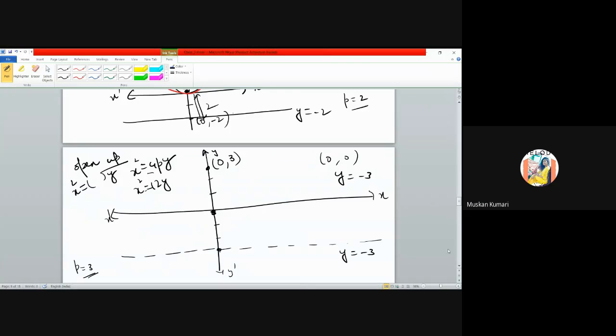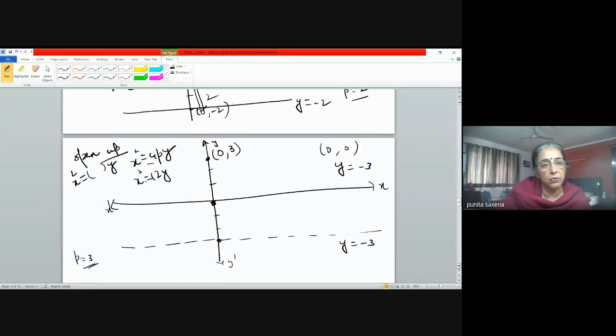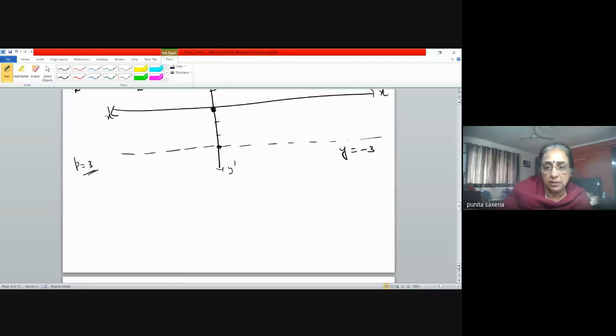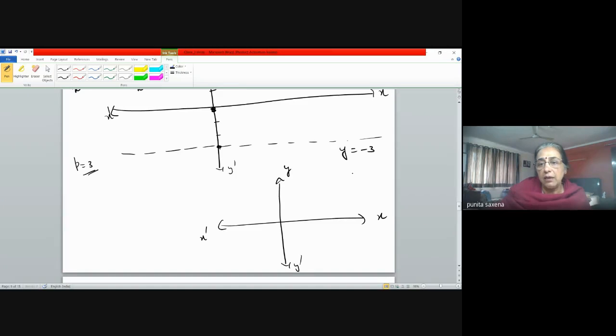Right now we are only doing all the conics with the origin as either the center or the vertex or whatever, right? अब पैराबोला जरूरी थोड़ी यही हो भाई. मेरा पैराबोला ऐसा भी तो हो सकता है. If this is my xy plane, x dash, y dash, so I can have a parabola like this also. ये भी तो पैराबोला है.